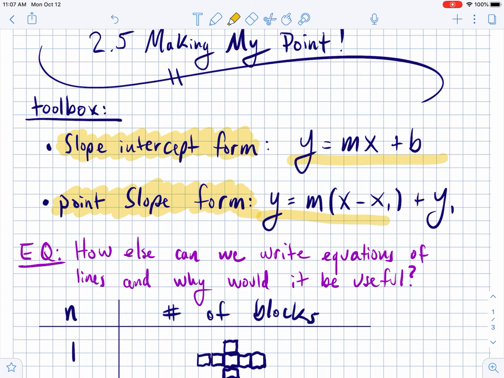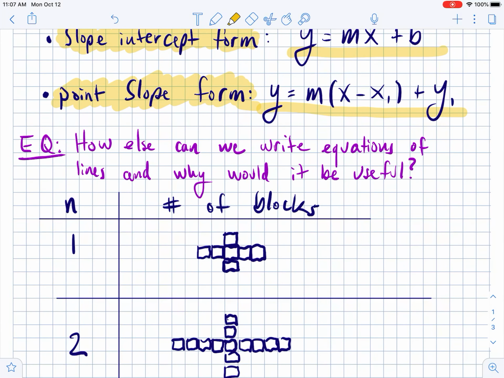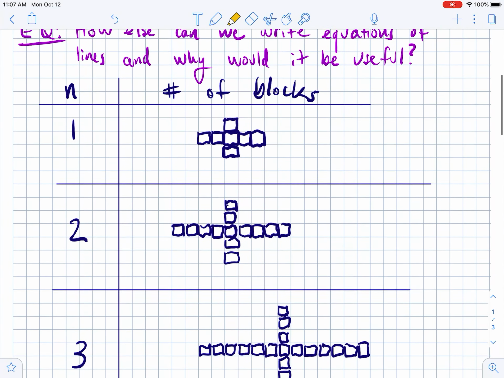So y equals mx plus b is one way, and then y equals m times (x minus x1) plus y1. The essential question for the day: how else can we write equations of lines, and why would it be useful? Let's find out.